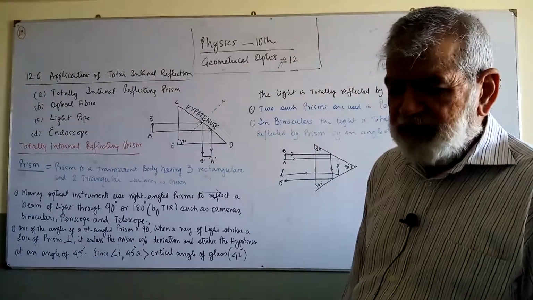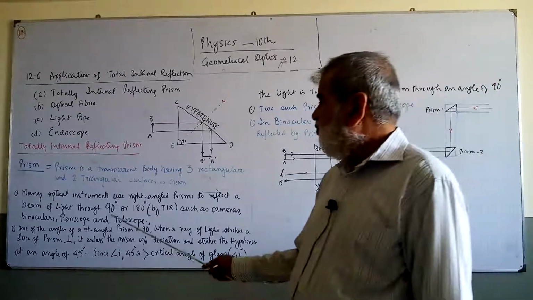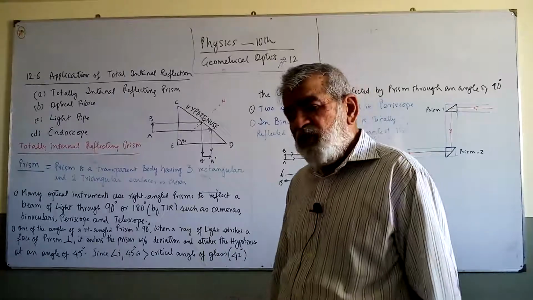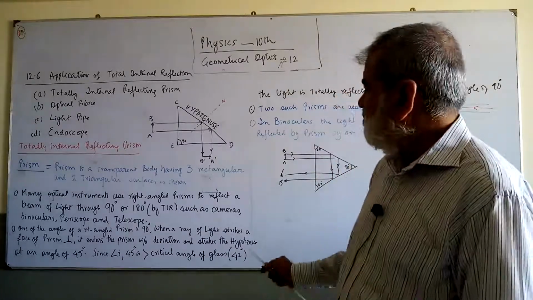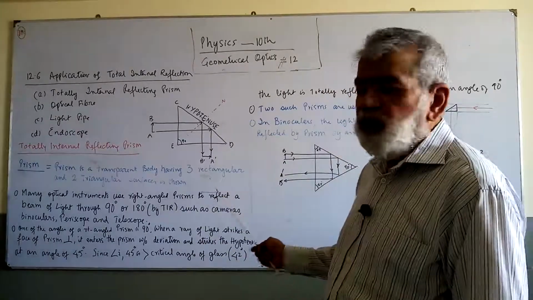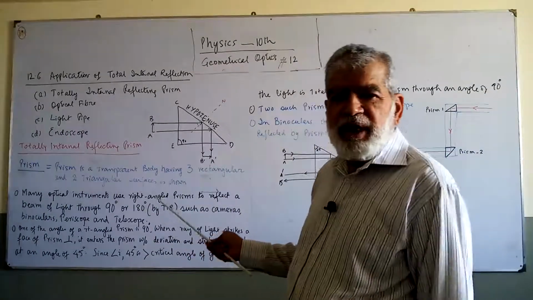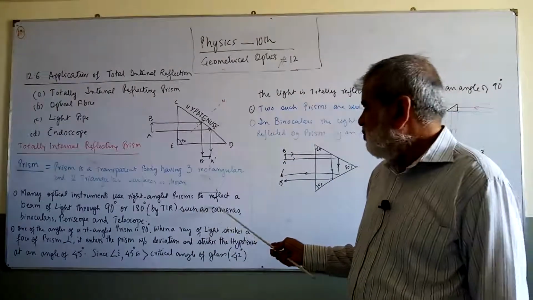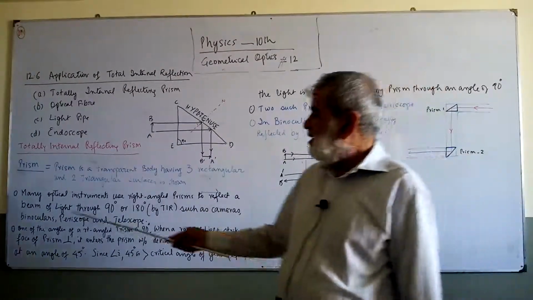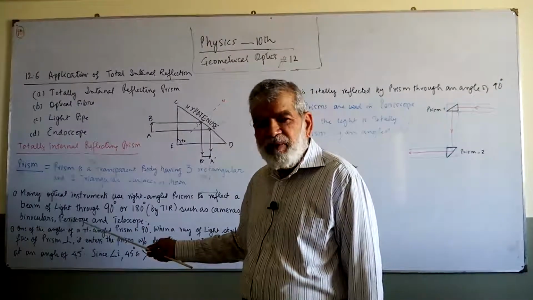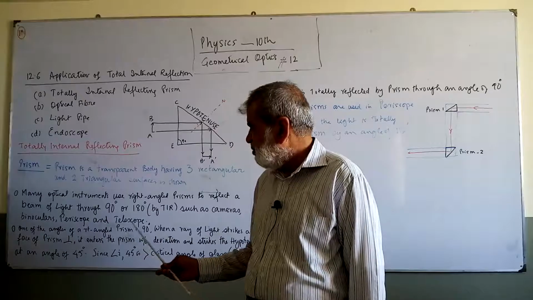Countless optical instruments use right angle prisms for the purpose of reflecting the light. Which are the optical instruments that are using these prisms? One is a camera, the second is a binocular, the third is a periscope, and the fourth is a telescope.